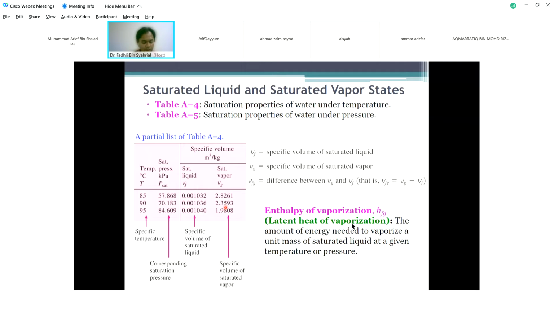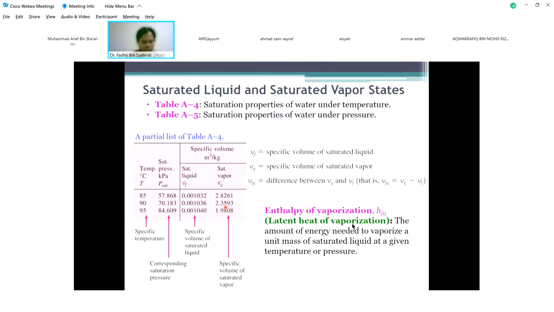Sama juga kalau kamu lihat enthalpy. For enthalpy, they have hf dan juga hg. H is referring to enthalpy. H is symbol of enthalpy. F simbol untuk fluid, yang mana dia adalah saturated liquid phase.